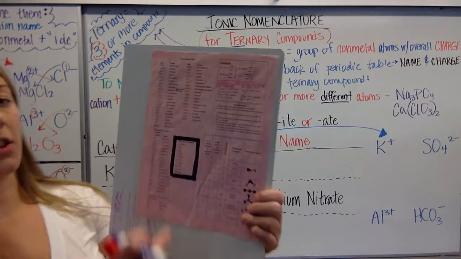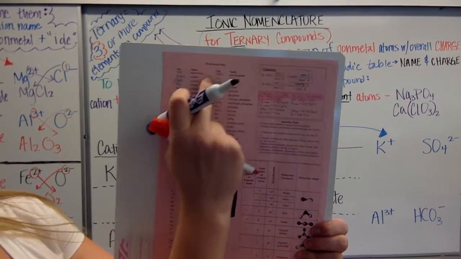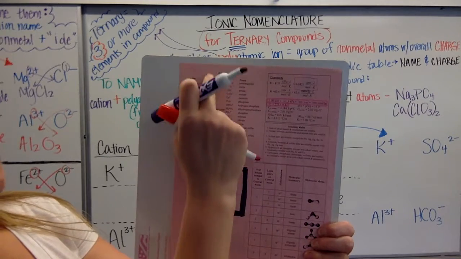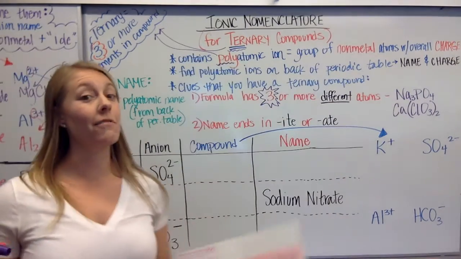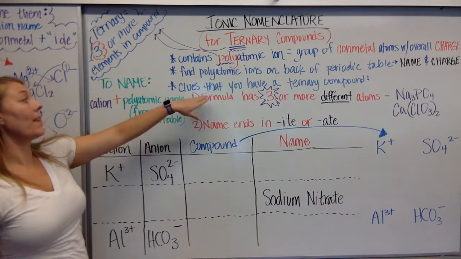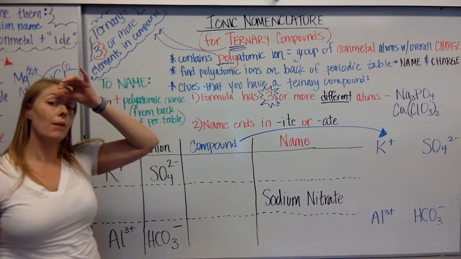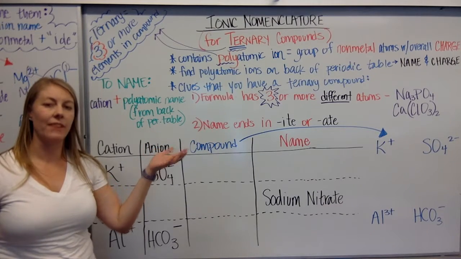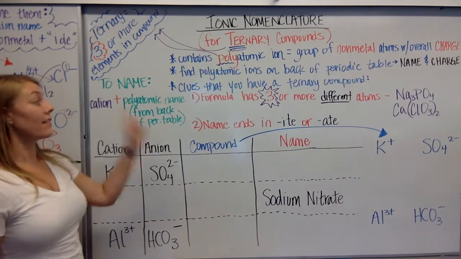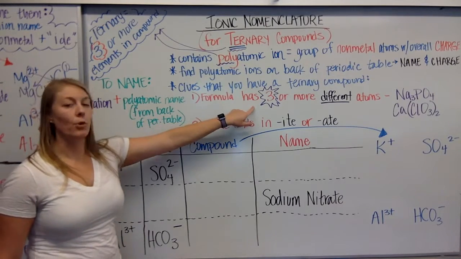So we look at the polyatomic ions right here, and we actually see them all listed, both their formula, their charge, and their name, which makes this really easy for naming. We find those on the back of the periodic table, and then the clues that we have a ternary compound that we're working with, and so that we have to maybe look on the back of the periodic table to see either the charge or the name, is first, the formula has 3 or more different atoms.